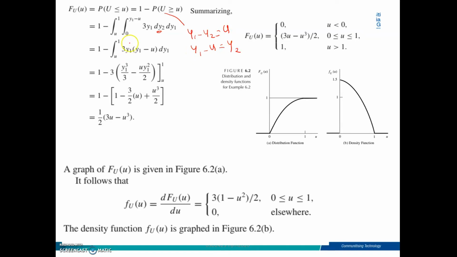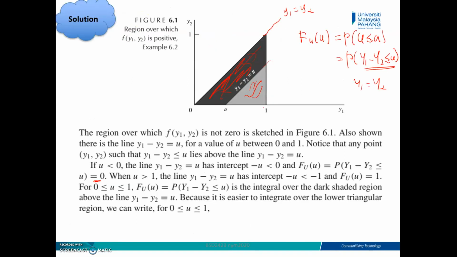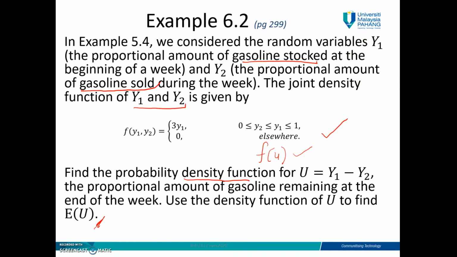So it gives you the limits from 0 until y1 minus u, because from the beginning the limit is y2 less than y1, between 0 and 1. That's why y2 is between 0 and y1 minus u, and y1 is between u and 1.